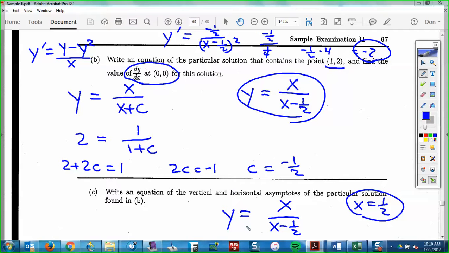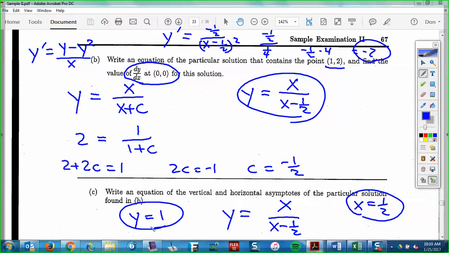It's going to approach 1. Remember that? The high powers dominate. If I got $1 billion and I lose 50 cents, I'm not even going to pick it up, right? The minus 1/2 doesn't even matter. When x gets really big, this is basically x over x, which is 1. Or infinity over infinity, we could say L'Hopital's rule. Derivative top is 1, derivative bottom is 1, 1 over 1. This is going to have a horizontal asymptote at y equals 1.